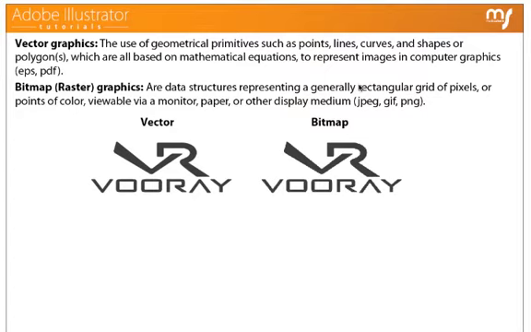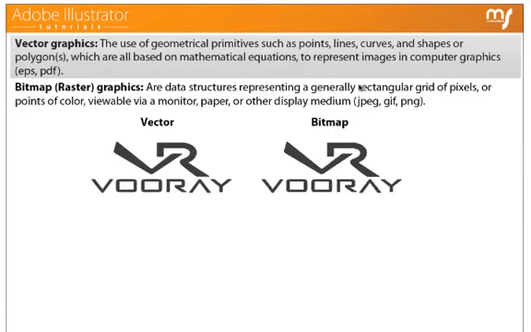Now, it's not going to make a lot of sense up front, but I hope with this explanation we'll get a grasp of it. It says here that a vector graphic is the use of geometrical primitives such as points, lines, curves, and shapes, or polygons, which are all based on mathematical equations to represent images in computer graphics.